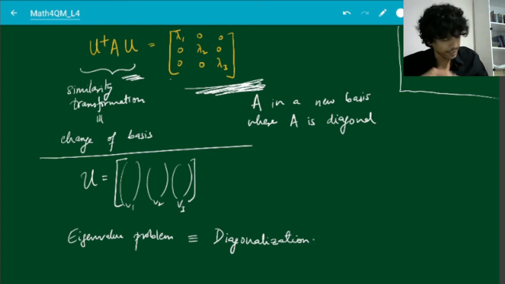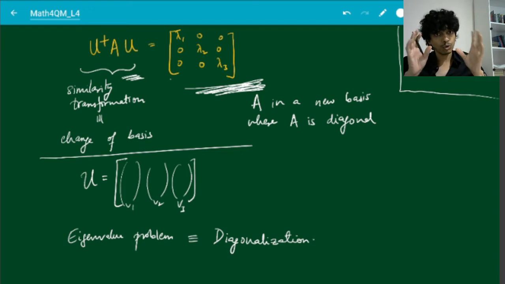Let me explain this to you in a slightly different way. Suppose I give you a matrix A. In general, it's not a diagonal matrix, right? It has elements all over the place. But you know that the elements of a matrix depend on what basis you are writing that matrix in. If you change your basis, the matrix will look different.